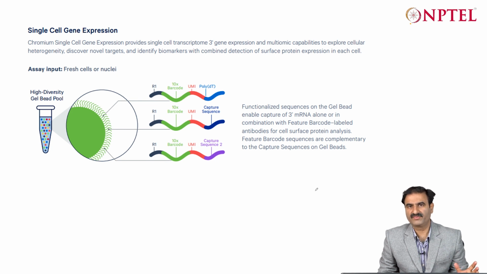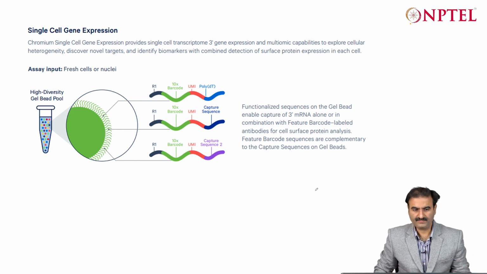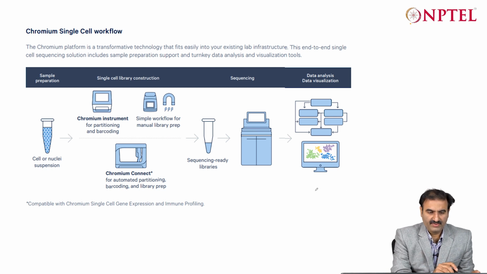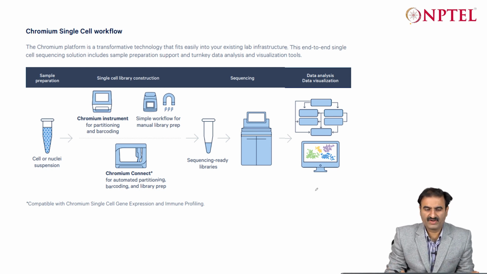Before that, single cell genomics can also be used for single cell transcriptomics or single cell gene expression, where the idea is to capture the 3' mRNA and look at the expression of those genes, or recover the RNA and also their assembly. It works like this; this is the overall workflow.